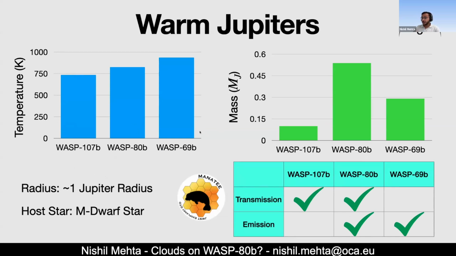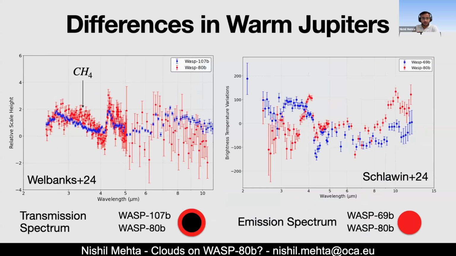Thanks to the MANATEE GTO program, we have the JWST data for all three planets. In particular, for WASP-80, we have the panchromatic transmission and emission data, making it a great target for a GCM study. When we compare the observations of these planets, we start noticing differences in their atmospheres.